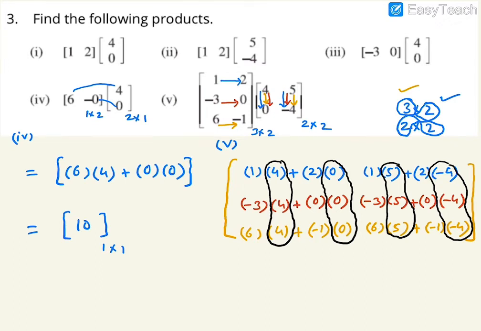Anyways, 4 times 1 is 4, plus 2 times 0 is 0. 5 times 1 is 5, minus 4 times 2 is 8. Negative 12 plus 0. 5 times 3 is minus 15, plus 0. And 6 times 4 is 24, plus 0. 30 minus minus plus 4.